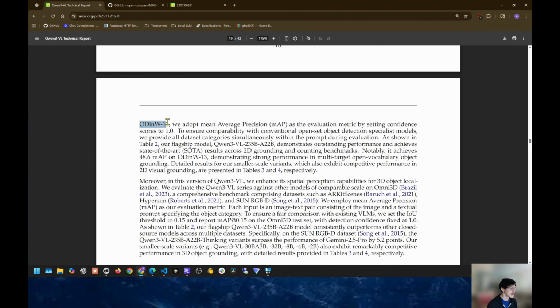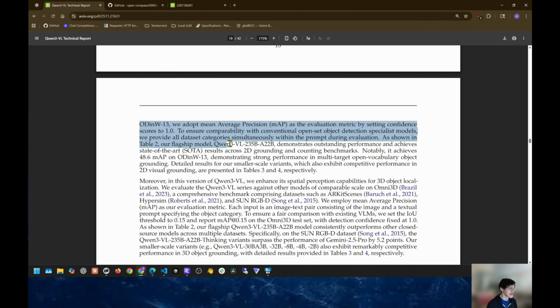For ODinW-13, we adopt mean average precision, mAP, as the evaluation metric by setting confidence scores to 1. To ensure comparability with conventional open set object detection specialist models, we provide all dataset categories simultaneously within the prompt during evaluation, as shown in Table 2.